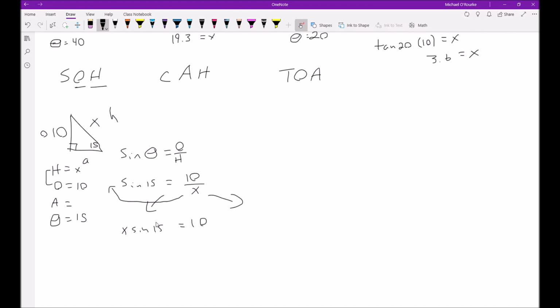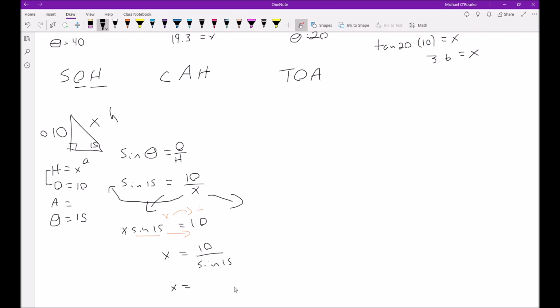But I still don't have X all by itself. So I've got to move this part over. Right now it's a multiply, so when it comes over, it's going to become a divide, which will leave me with X equals 10 over sine 15.